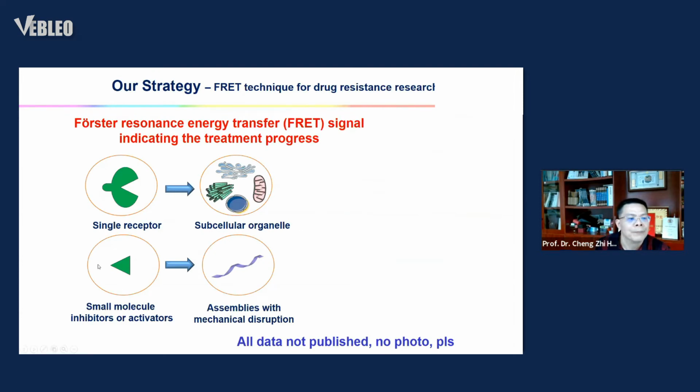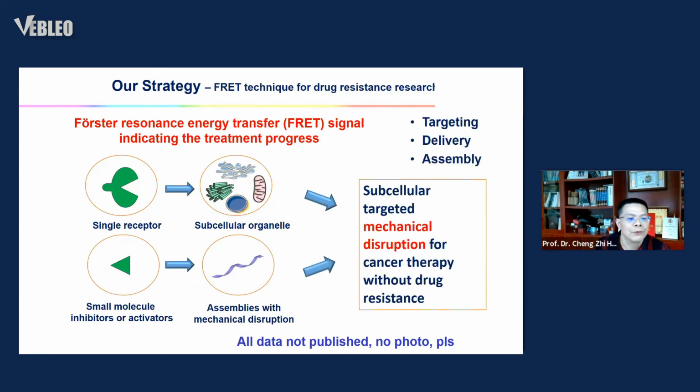The second is to change the small molecule into assemblies, which have mechanical disruption capability. In such a case, we developed subcellular targeted mechanical disruption for cancer therapy without drug resistance through targeting, delivery, and assemblies.